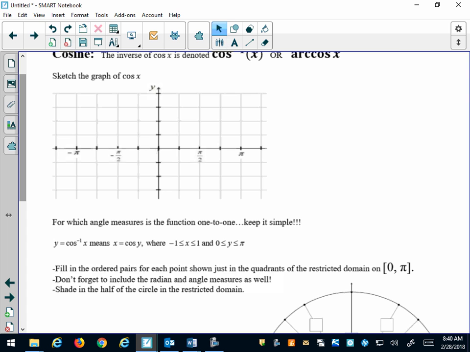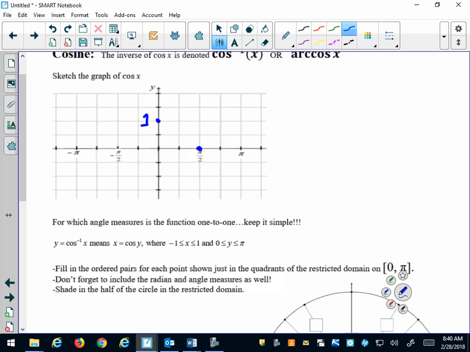The cosine of 0 is what? I'm going to make this my 1. Cosine of 0 is 1. And then what's the cosine of pi over 2? 0. So this is going to go like this.